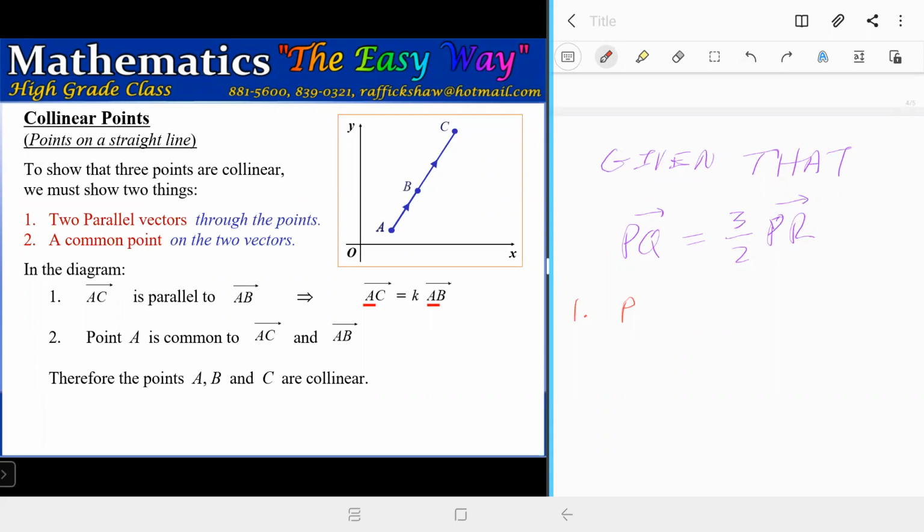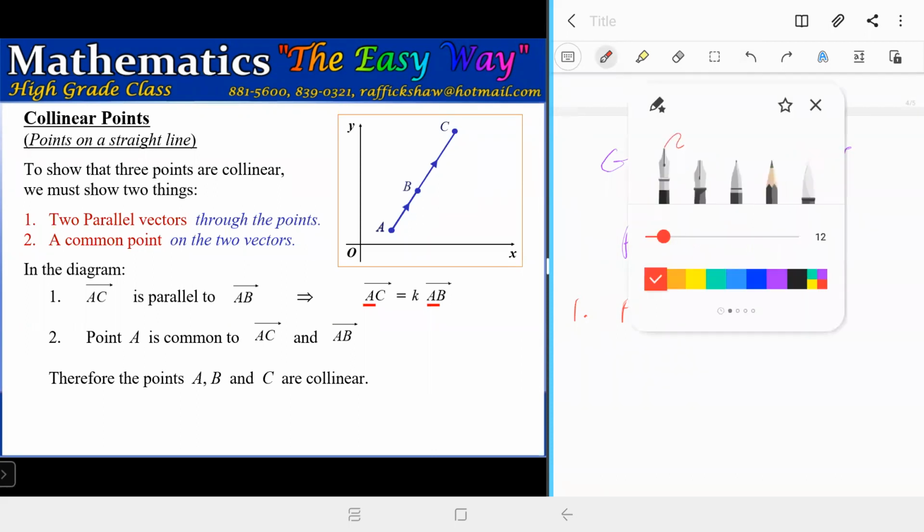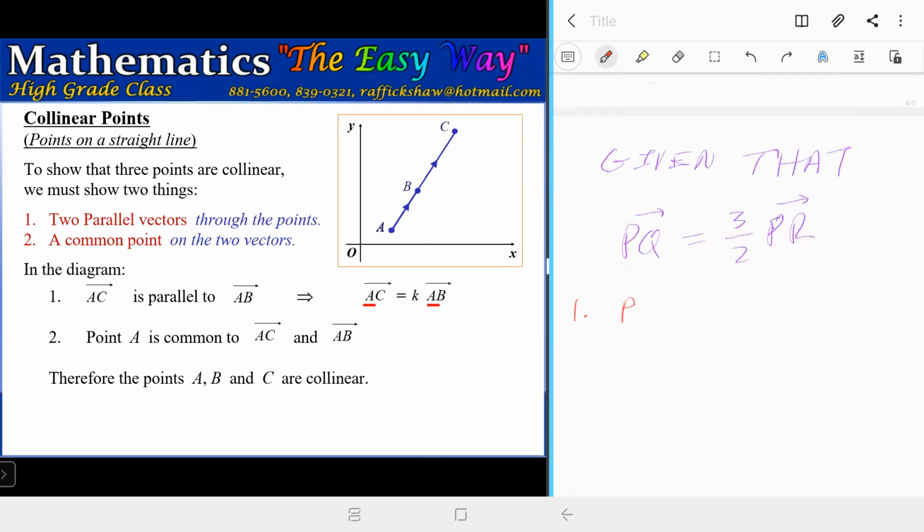One conclusion is that they are parallel. Why is it that PQ is parallel to PR? Because one equals a multiple of the next.